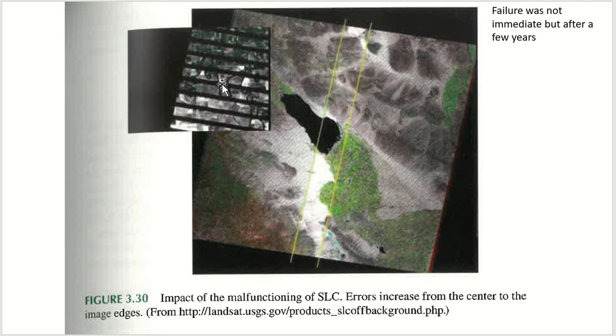These scanline errors, the black bars of no data, are not affecting the same pixels every time the sensor travels over this area. So it's not to say these data are not useful, but it affects other properties that we've talked about, like revisit time.